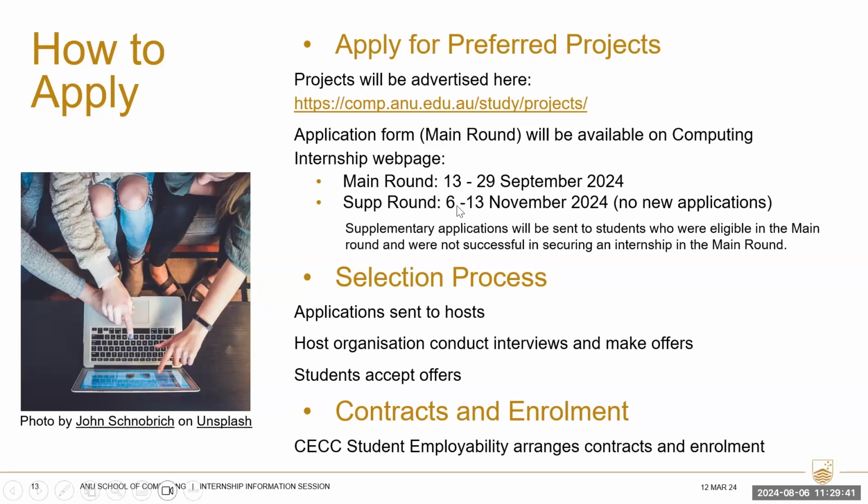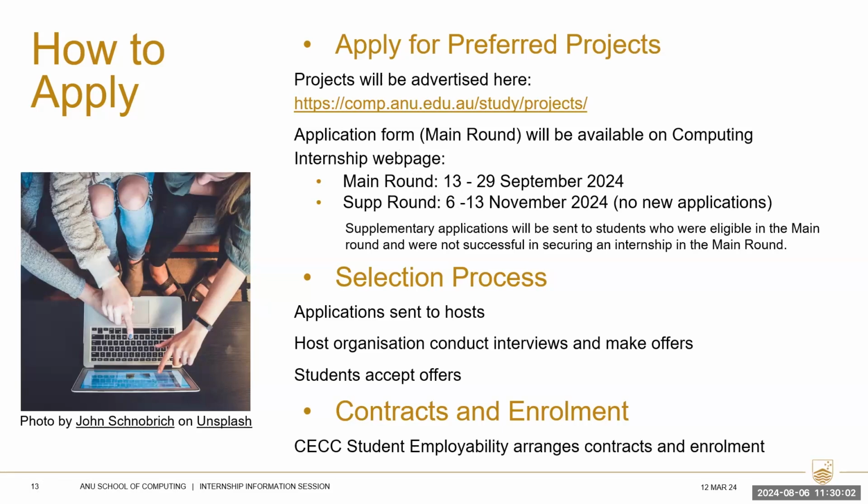These are the dates I gave on the previous slide: the main round is 13 to 29 September, and the supplementary round is 6 to 13 November. Then the selection process happens through the applications. When we get them from you, we send them to the hosts, and the host organization does whatever interviews it wants.